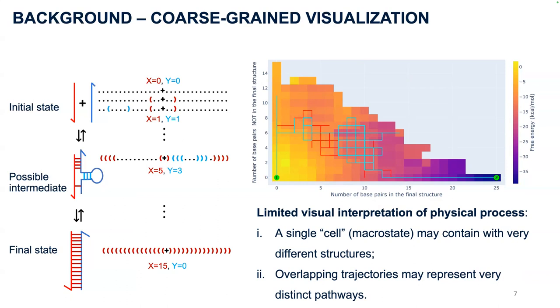First, a single cell may contain states with different structures, which makes the interpretation very difficult. Second, the laid-out trajectories overlap and are unable to be distinguished, which is not good. Overall, the coarse-grained method seems not an ideal option for visualizing the reactions.